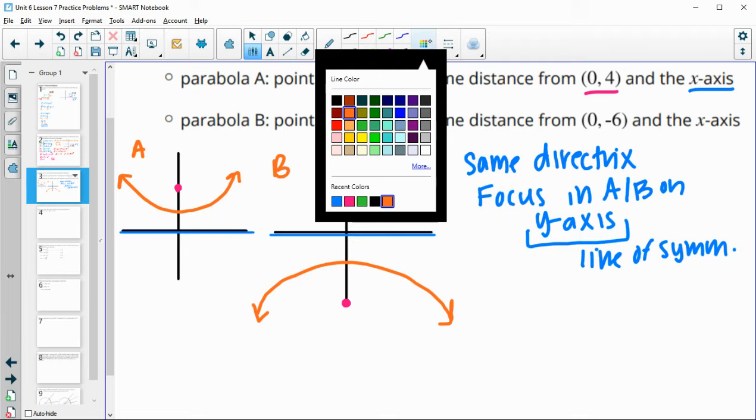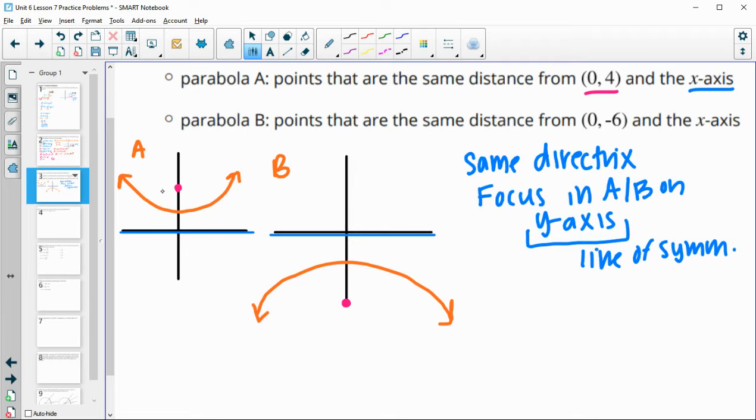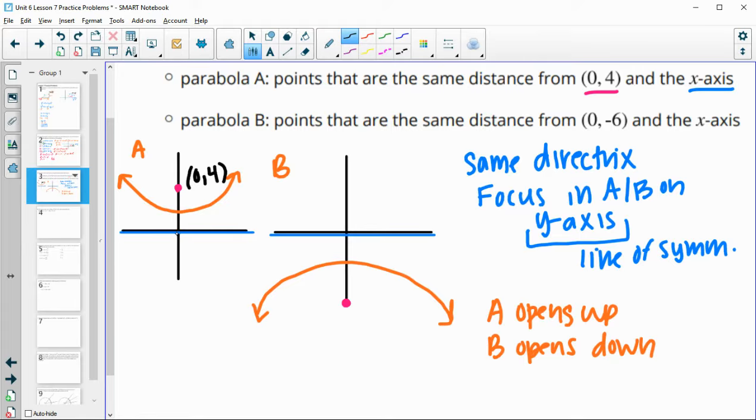Some differences that they have is that A opens upward, B opens downward. So A opens up, B opens down. Also, this is the point 0, 4. So it's 4 units from the directrix.